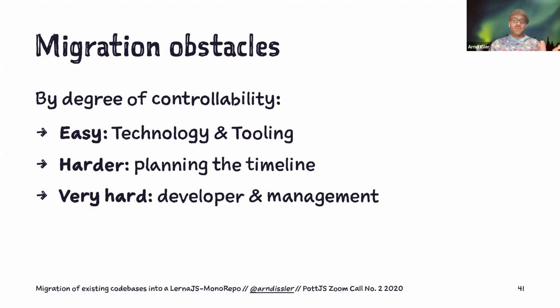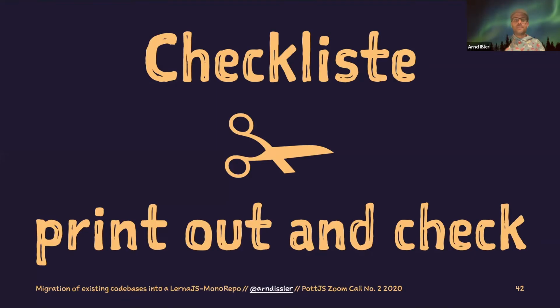We know how to estimate, right? It's no clue. So very hard is getting developers and management on the same page, making transparent what you're working on, and making everyone have a good feeling about the migration process and how this all works. It's rather impossible, but you need to try.